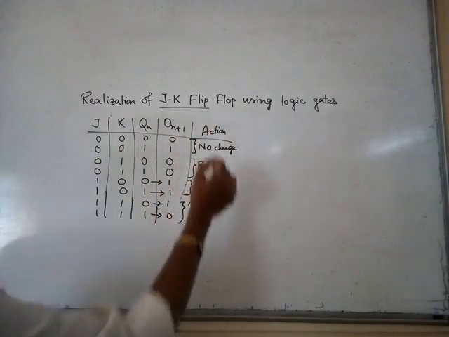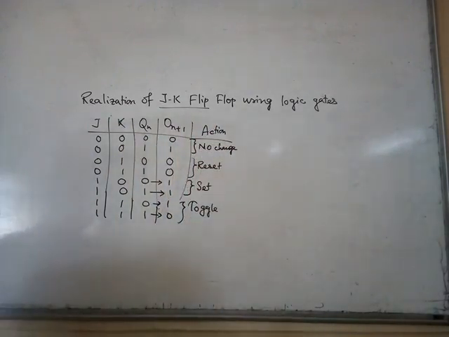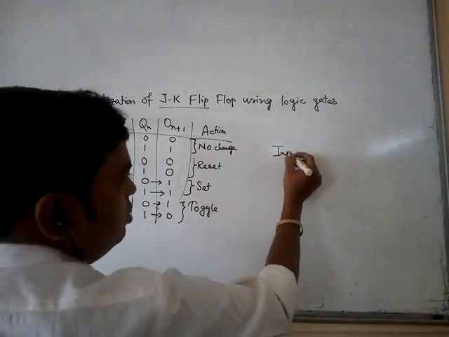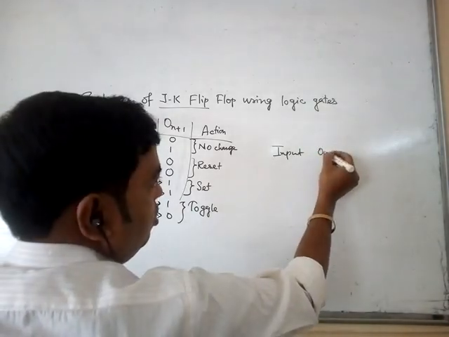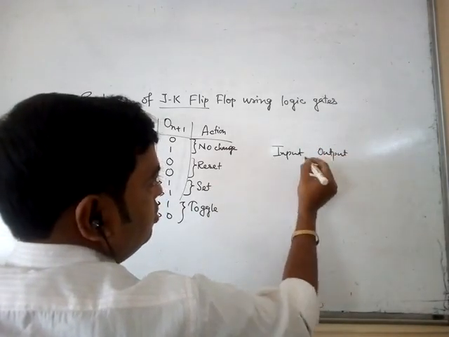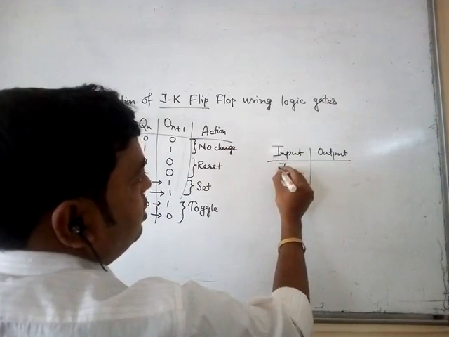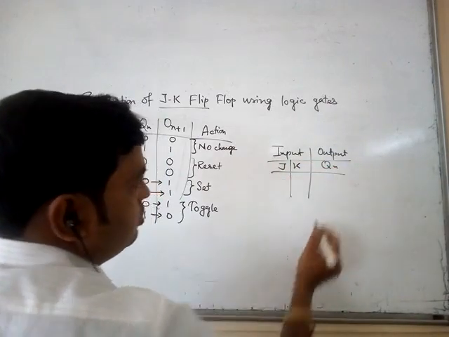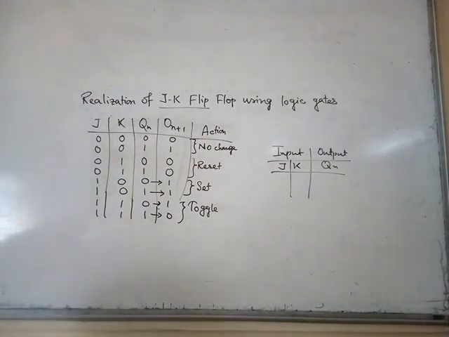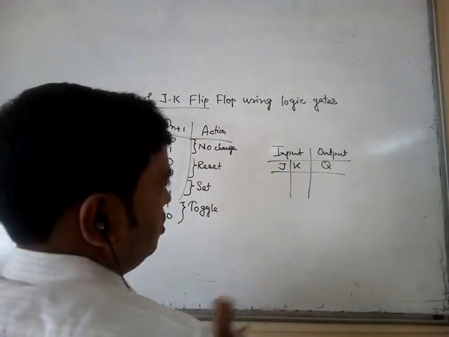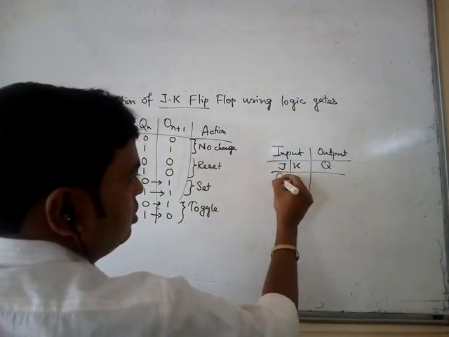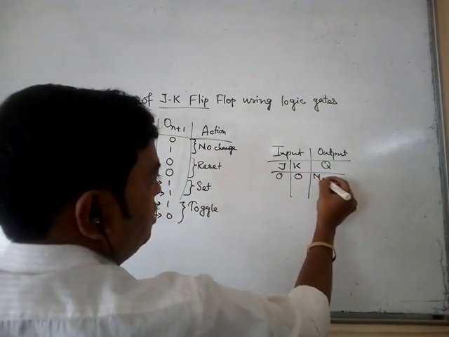So from this truth table, if we summarize, we get the truth table with input and output. For input it is J and K, and for output it is Q and Q bar. So we can see for the 0 0 case, it is no change.